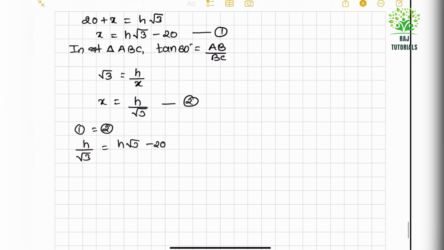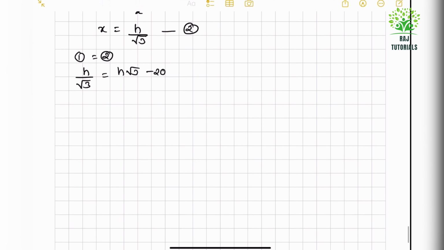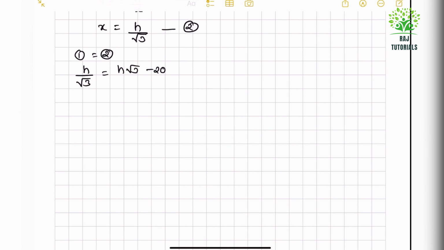So I can say h upon root 3 equal to h root 3 minus 20.